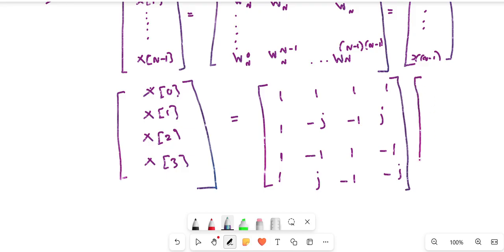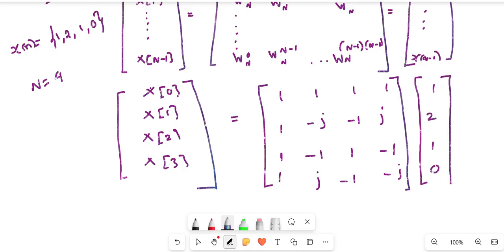Then what is the sequence they have given? For example, x of n is equal to 1 2 1 0, so n is equal to 4. In that case you write 1 2 1 0 and multiply these two. First row: 1 2 1 0, so 1 plus 2 plus 1 is 4, 3 plus 1 is 4.